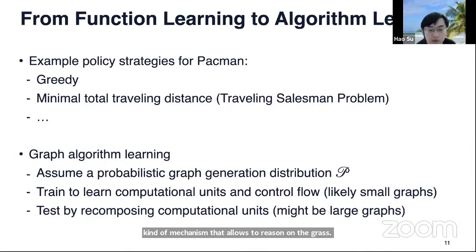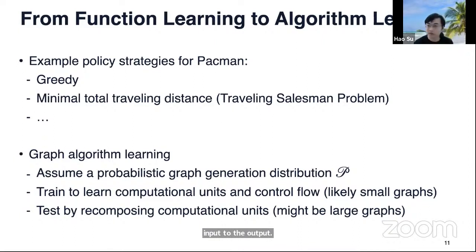This perspective is also proposing, at a higher level, a paradigm transition from function learning to algorithm learning. Let me be a bit more specific. By function learning, I'm basically referring to in-distribution generalizability, where from a lot of data we fit a map from input to output. Whereas for algorithm learning, we are facing a more complicated scenario. For example, in the case of Pac-Man, as I just said, it's not simply fitting, but there's also a strategy in it.